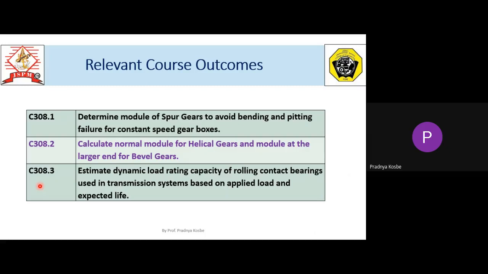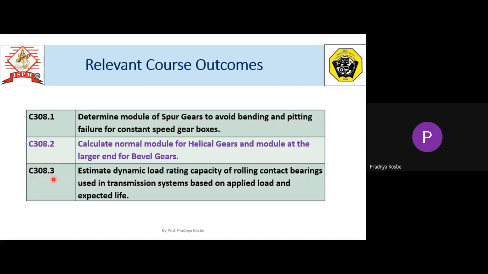these gears are mounted on shafts, right? Gears are mounted on a shaft. So as gears are mounted on a shaft, to support this shaft, what do we require? We require bearings. So selection of a bearing is necessary, and selection of a bearing will be based on dynamic load rating capacity.